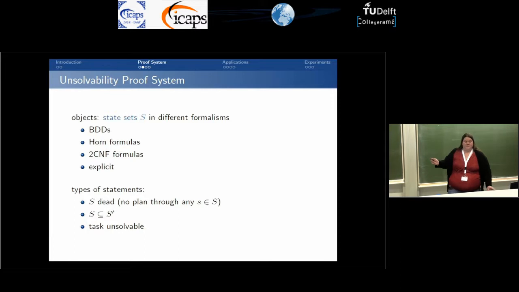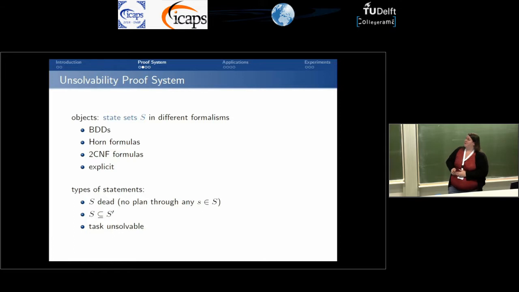And we focus on these because they are quite nice in the sense that they can support certain operations in polynomial time. If you have a general formula, seeing if the set is empty is already NP-hard. But with these formalisms, this is not the case.